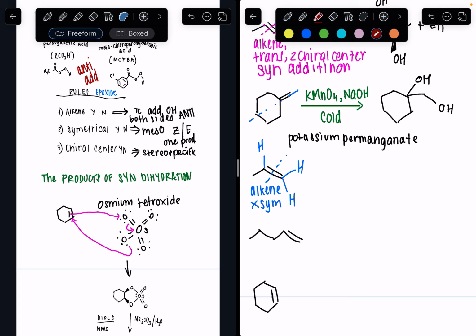Okay, so we have two hydrogens on one side, and here we have a methyl and a hydrogen. I'm going to go with this being a Z product, same side, and it's not meso because it's not symmetrical, and we're going to do addition under basic conditions.